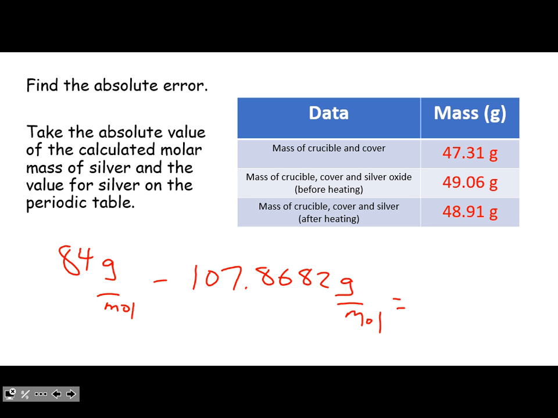So when I do that, I'm going to get, and I can only have it to the ones place because I'm subtracting, negative 24, which I believe we take the absolute value of.